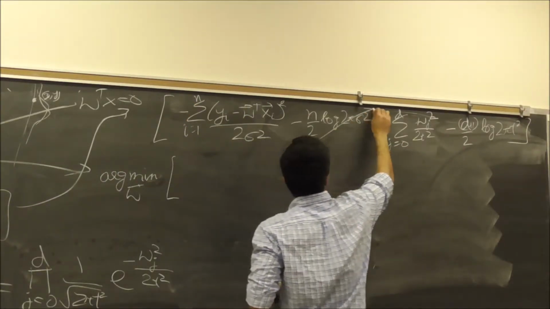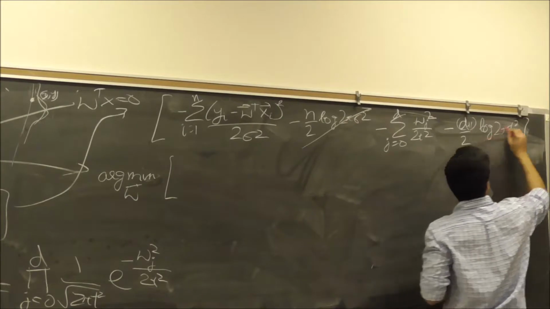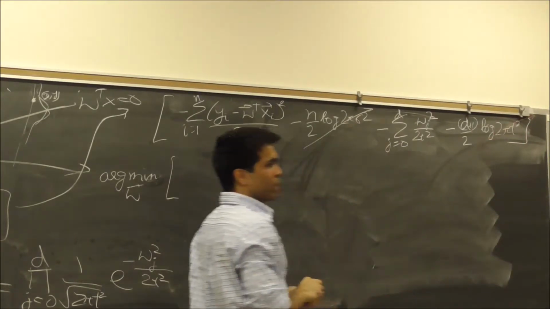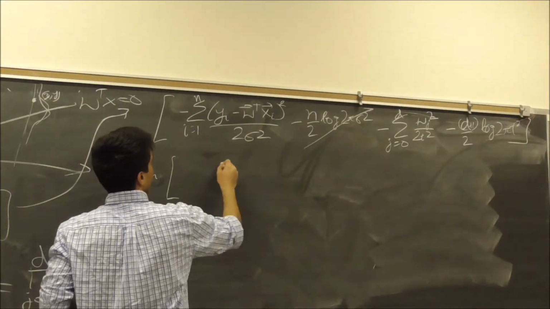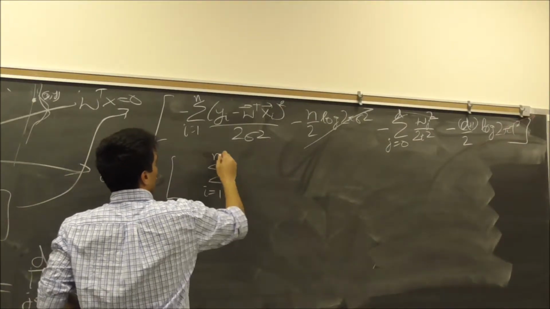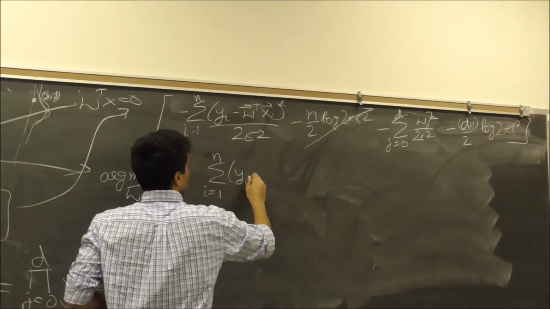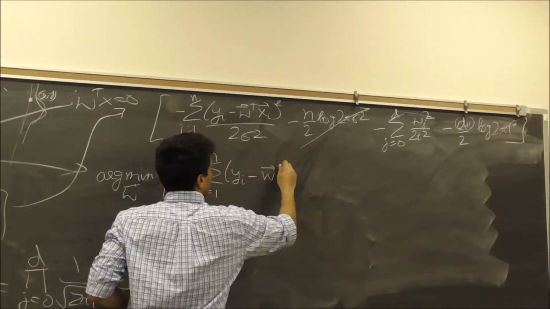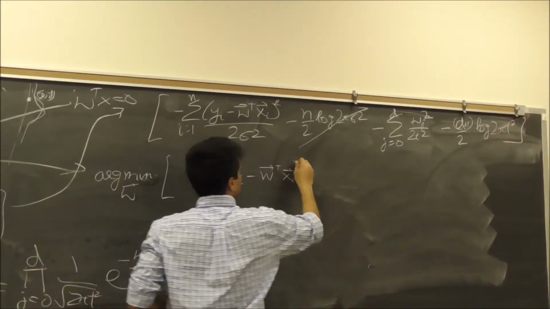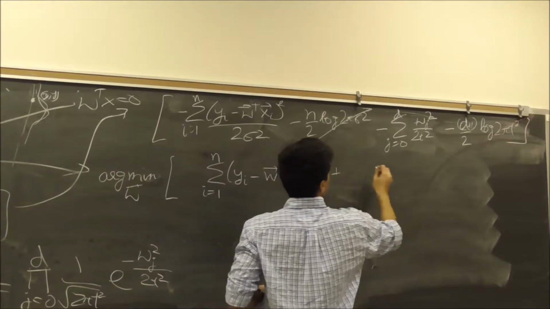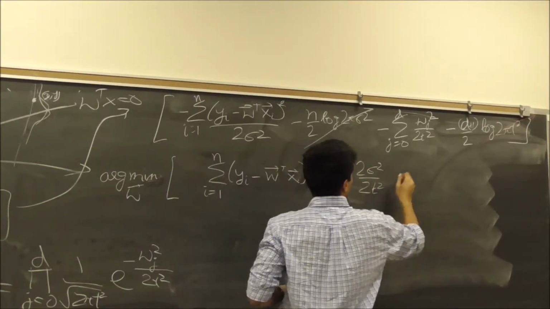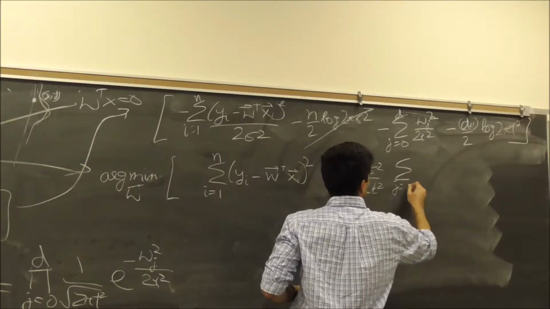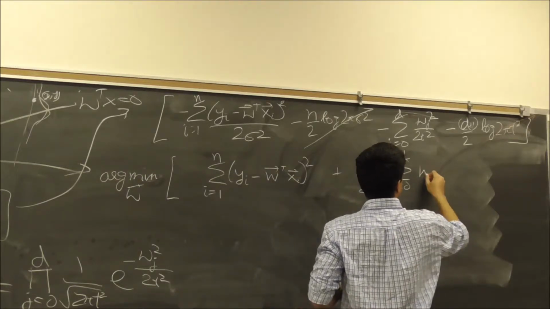Notice that these are constants; they don't matter with respect to W, so we can ignore them. What you get is the sum from 1 through n of yi minus W transpose xi squared, plus sigma squared by p squared times the sum over j of wj squared.